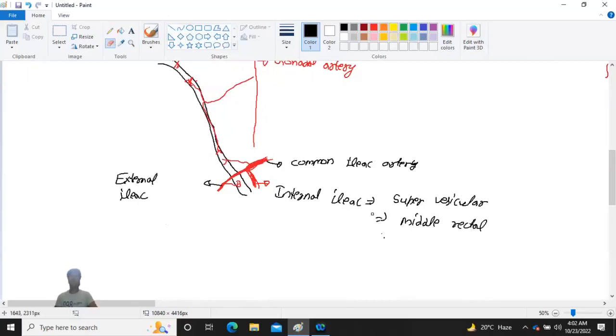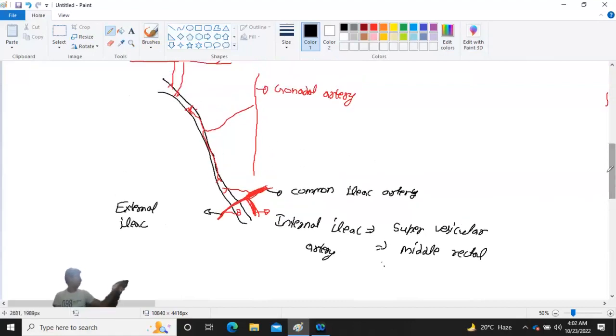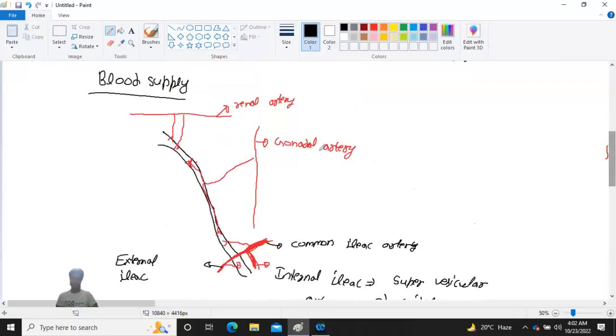These are branches of internal iliac artery. This also gives branches to the ureter. This is the blood supply of the ureter. So how many arteries are involved? One, two, three, four, and five, and their branches. So this is the blood supply.